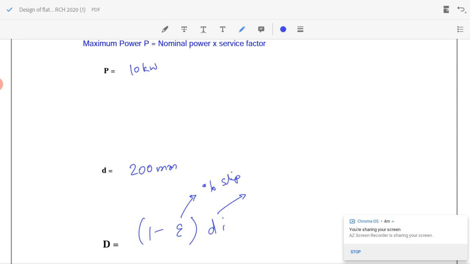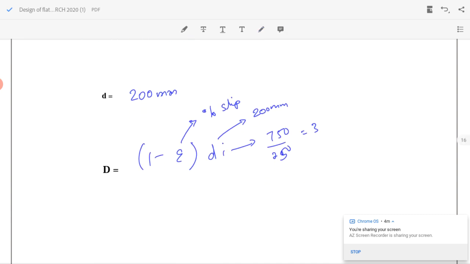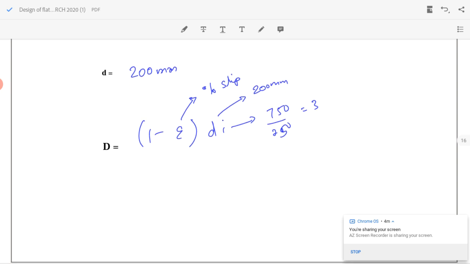Small d is the diameter of the smaller pulley, which is given as 200 mm, and i is the velocity ratio, that is 750 by 250 equal to 3. Since percentage slip is not given, I will consider that value equal to 0.